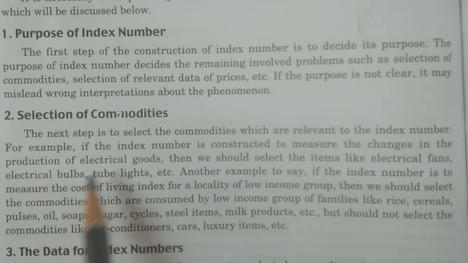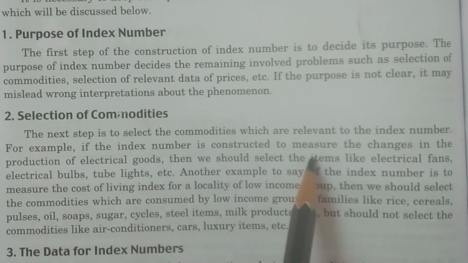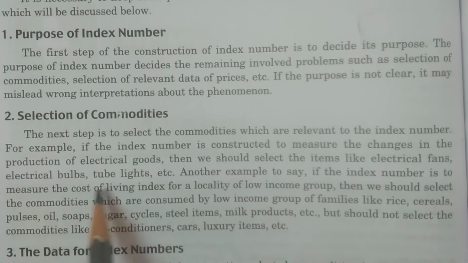For example, if the index number is constructed to measure the changes in the production of electrical goods, then we have to select items like electrical fans, electrical bulbs, tube lights, etc.